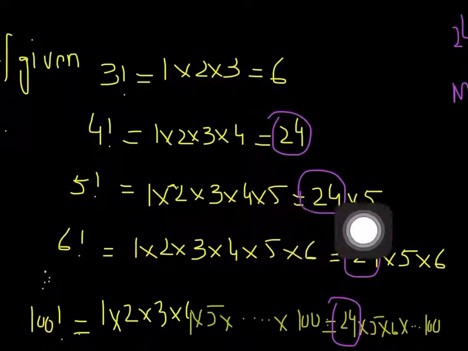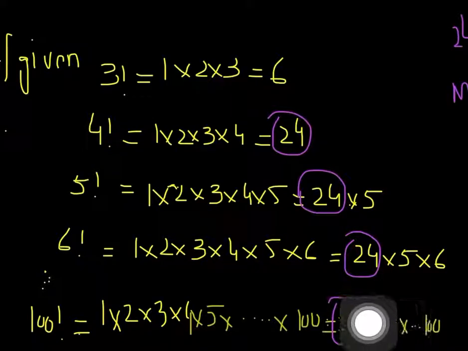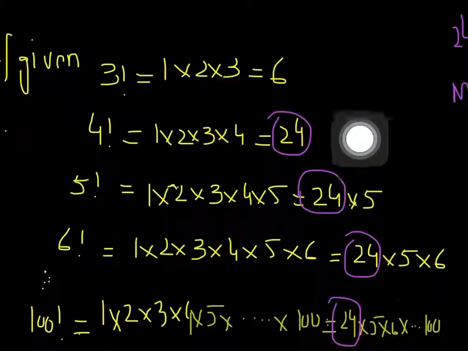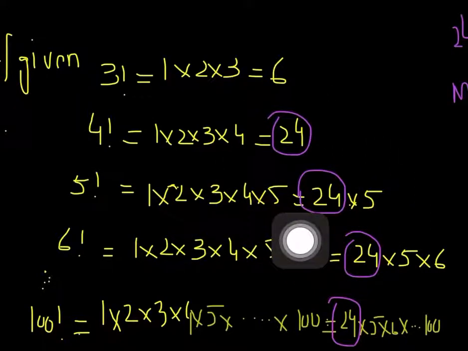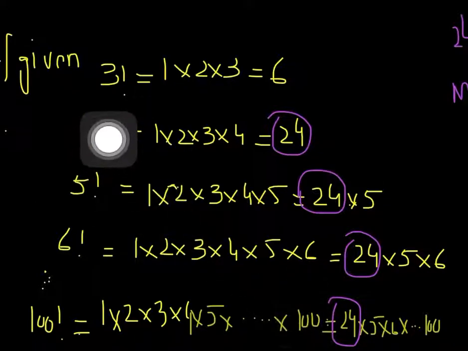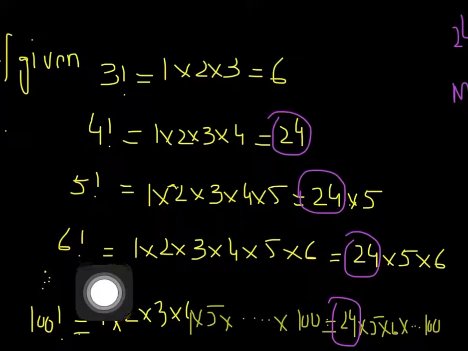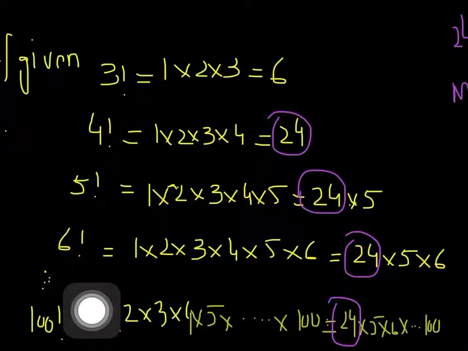If I multiply 24 with 5, with 6, and so on up to 100, then all these terms are also multiples of 4, that means their remainder is always 0. So if I add all these values, 4 factorial, 5 factorial, 6 factorial, up to 100 factorial, then their result is always congruent to 0.